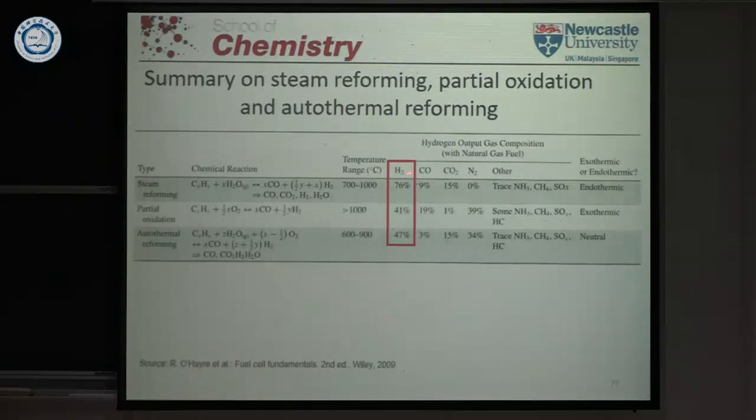So a solution for these two problems is autothermal reforming, where you combine the two. You get a higher yield in hydrogen than this one here, and a considerably lower amount of CO, because of the balancing of the heat processes, and you don't need to worry about the heat by supplying it or taking it out of your system.